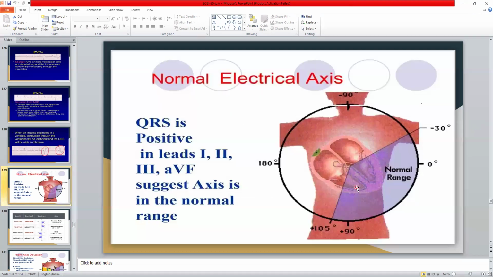You have to check the QRS complexes in lead 1, lead 2, lead 3 and AVF. In the normal electrical axis, QRS is positive in lead 1, lead 2, lead 3 and lead AVF.